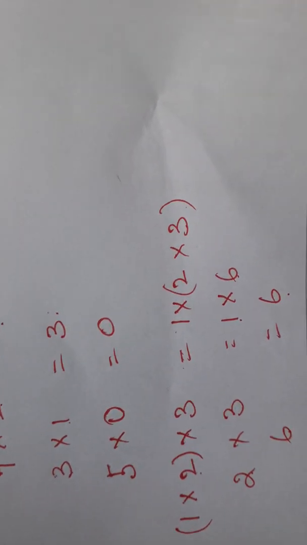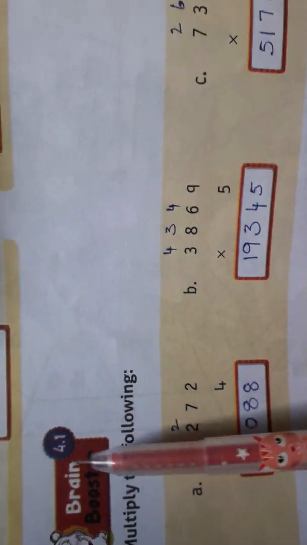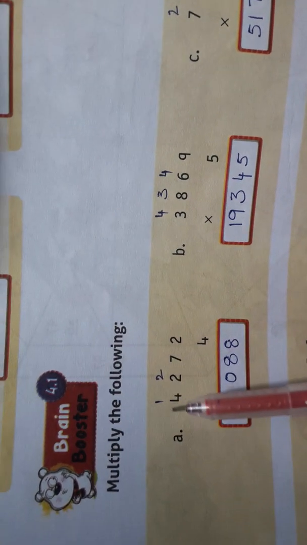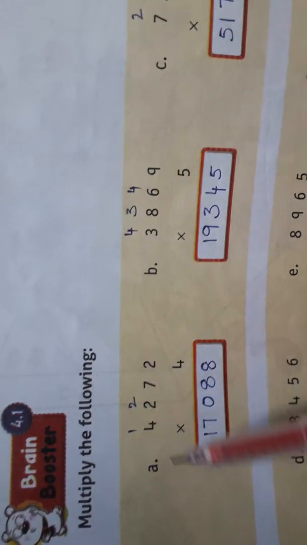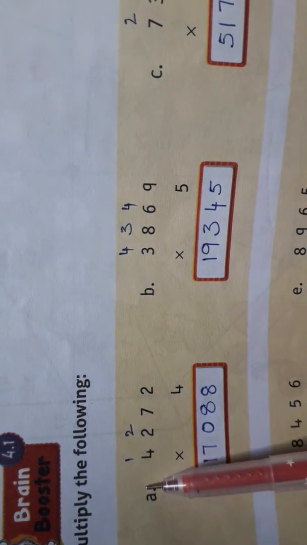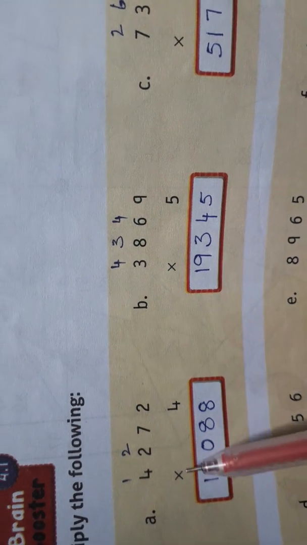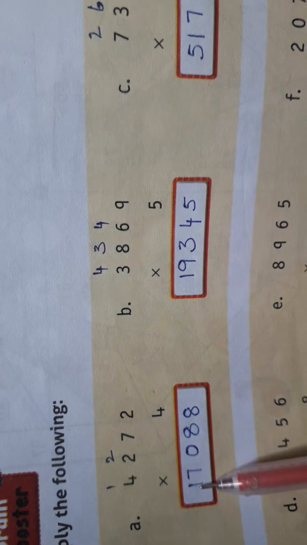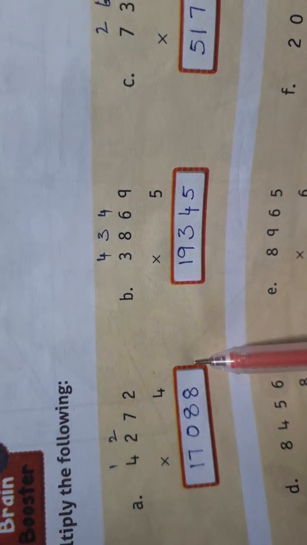Now we are going to enter into the exercise. Now children, this is the exercise Brain Booster 4.1. Multiply the following. In a sum, the first number is called the multiplicand, the second number is called the multiplier and the result is known as the product.